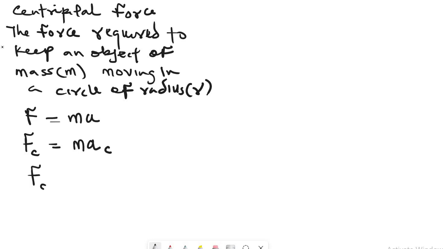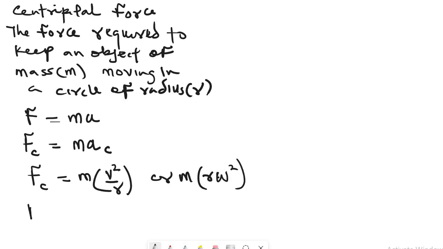So centripetal force Fc, with centripetal acceleration v squared over r, or m r omega squared.